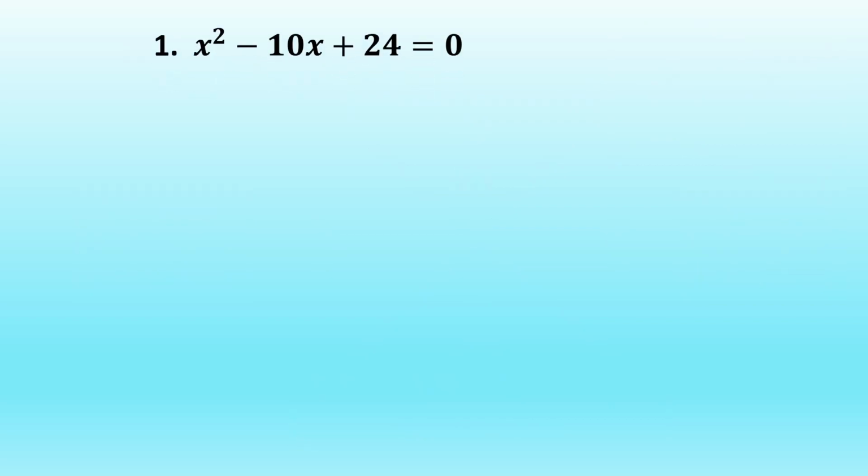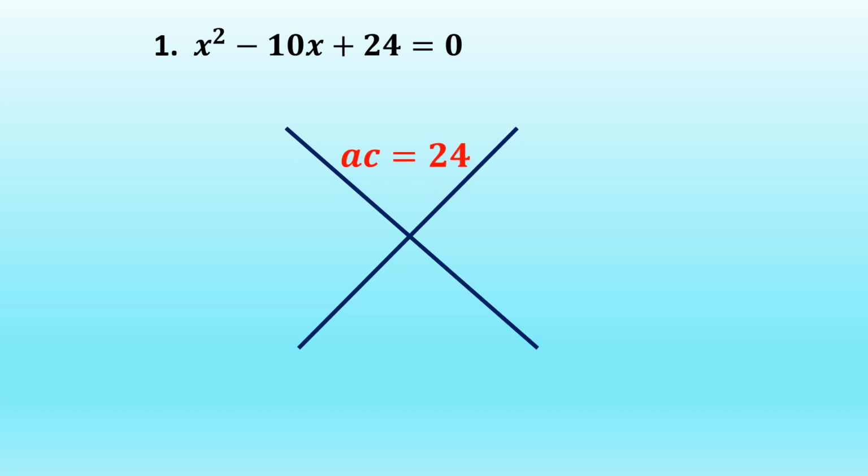Let's start using the X factor with example number 1. x squared minus 10x plus 24 equal to 0. So it's easier with this quadratic equation since a is equal to 1. So we draw our X and we get the product of a and c, which is 1 times 24, equal to 24.